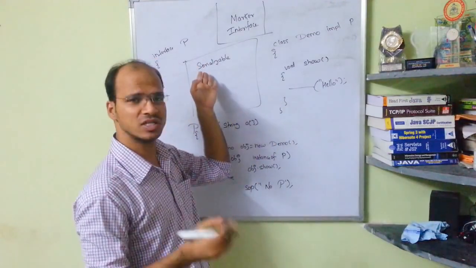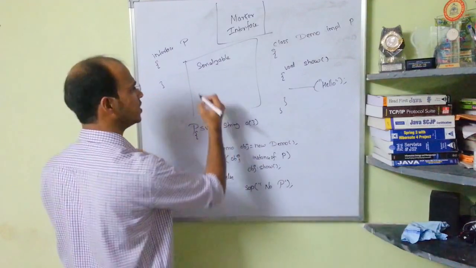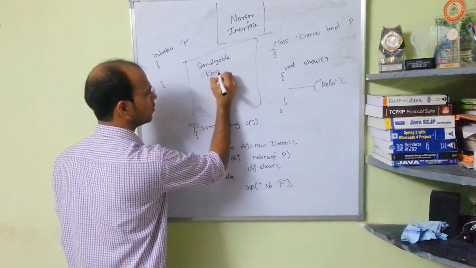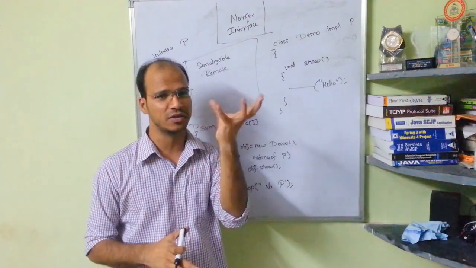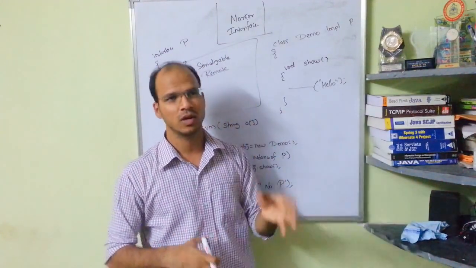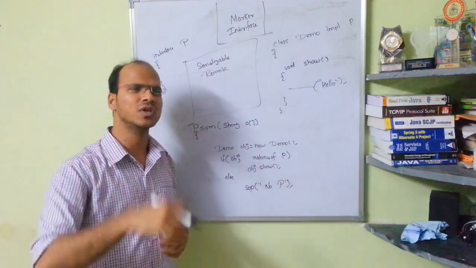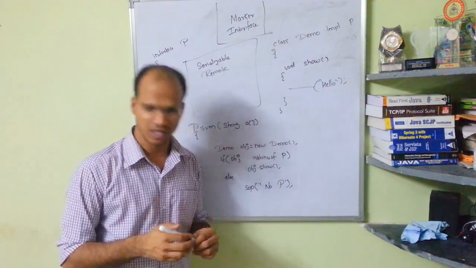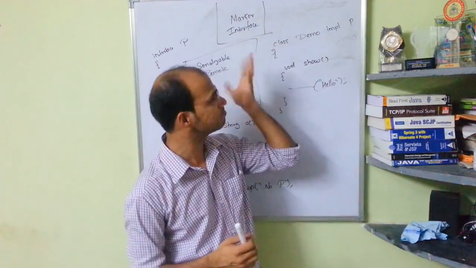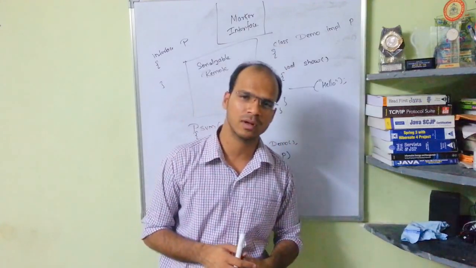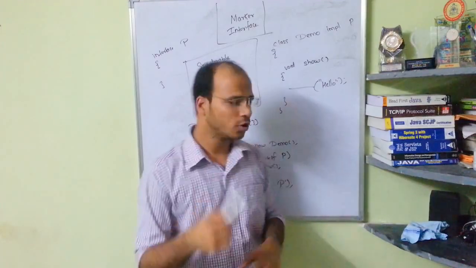Then we have an interface called Remote. Using the Remote interface, you can create remote RMI objects. I guess there are lots of other interfaces also. You can search on Google for marker interfaces in Java.